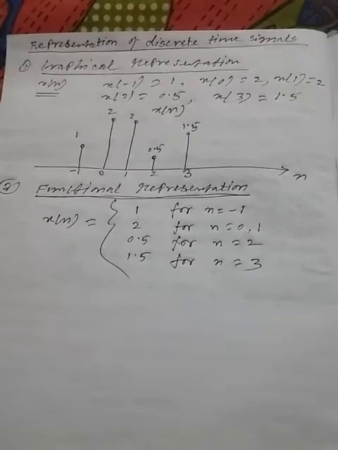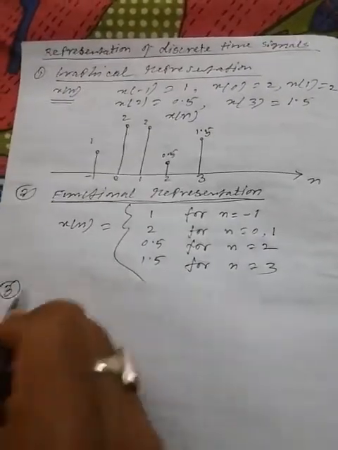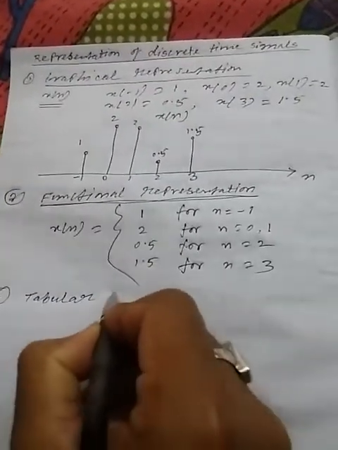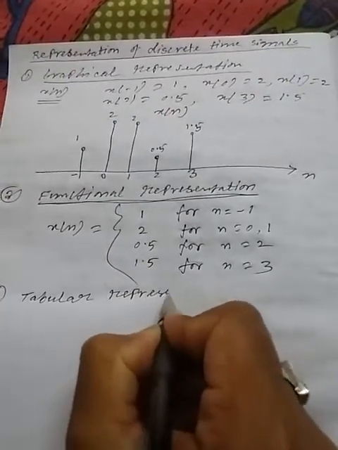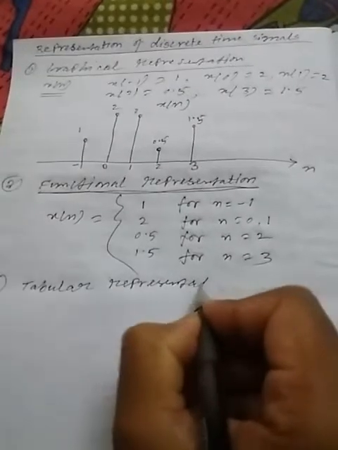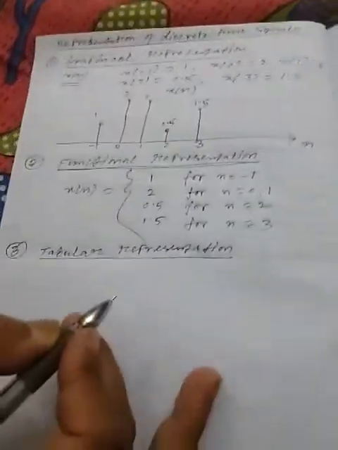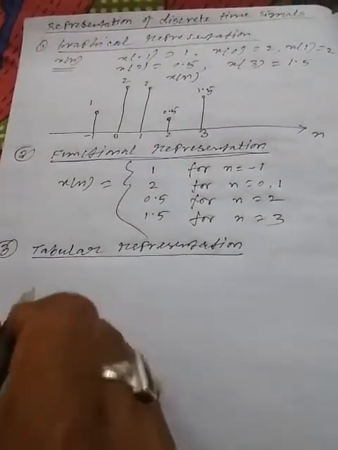Now number 3 is tabular representation. In tabular form the representation looks like this.